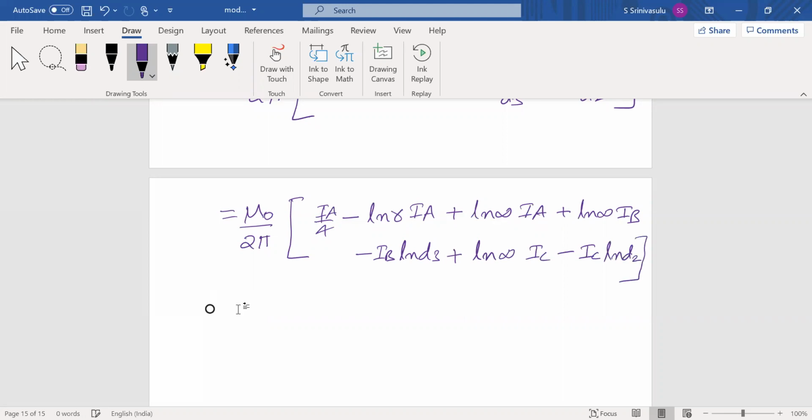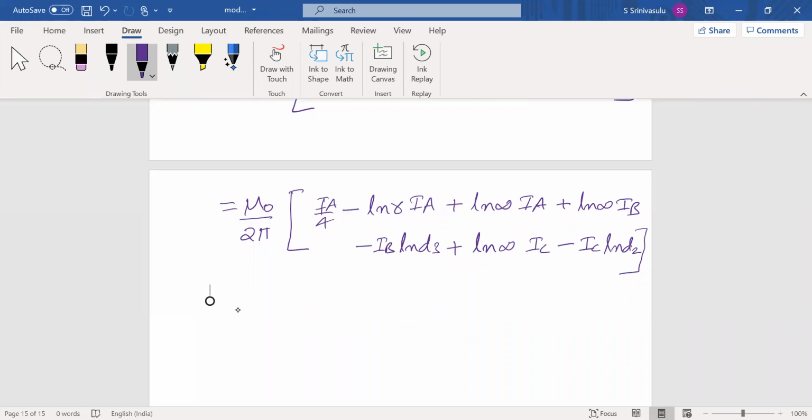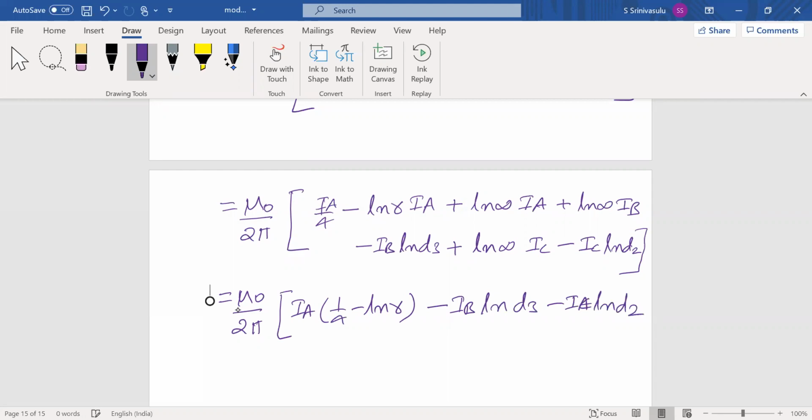Now in this, the remaining term mu naught by 2 pi is common. Now IA is common: 1 by 4 minus ln of r into IA, minus IB into ln of D3, minus IC into ln of D2, plus ln of infinity is common.